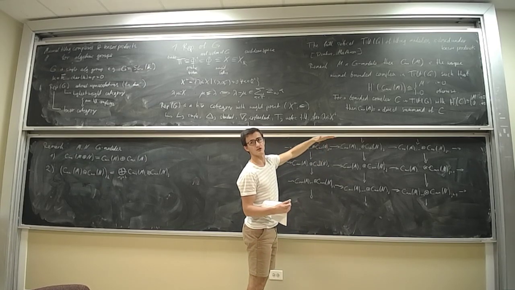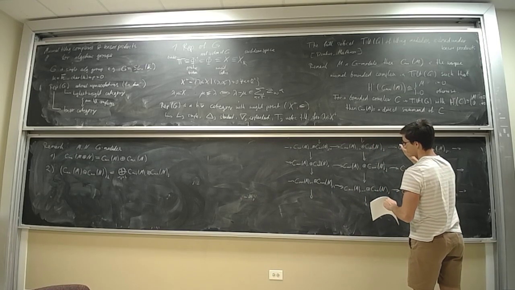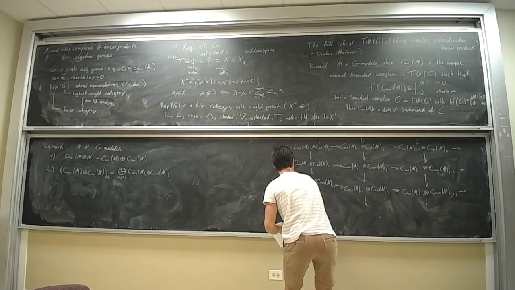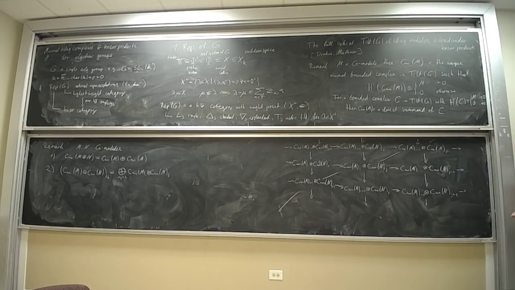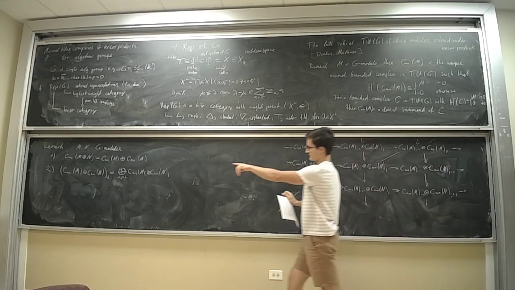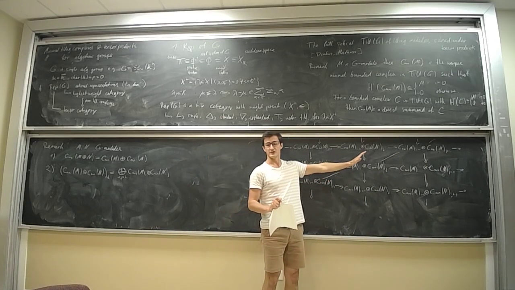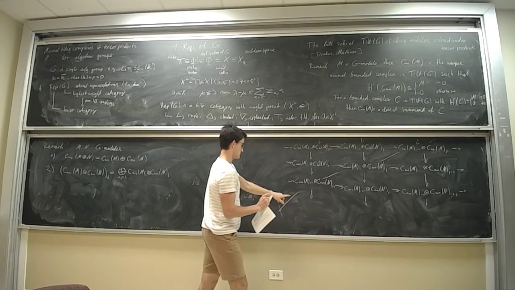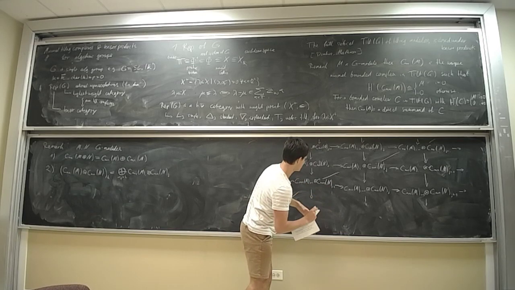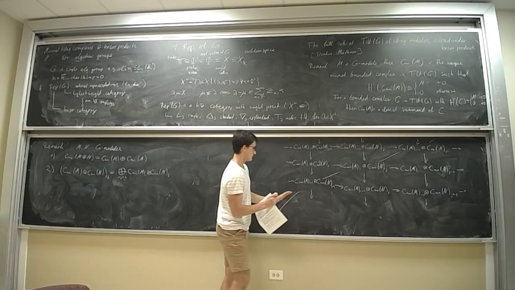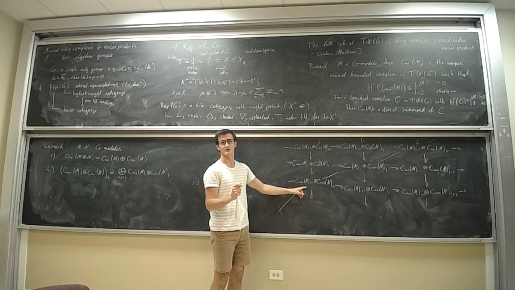All the rows are complexes, all the lines are complexes. And now what we do is we take this double complex and we lump things together on the diagonal. So one term of the tensor product complex that we're getting in the end is going to be the direct sum of all the things sitting on one diagonal. So here you see, this is supposed to be a minus. All the terms that are on this line that I just drew, the sum of the two indices is i plus j.